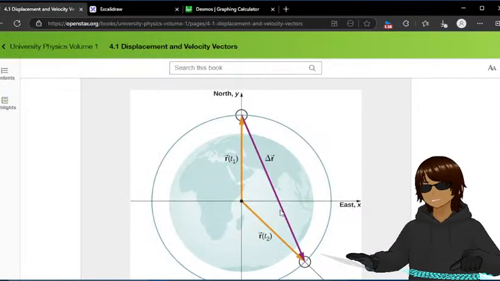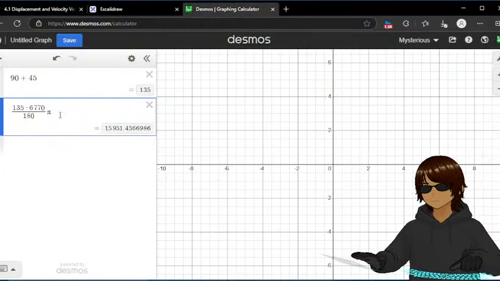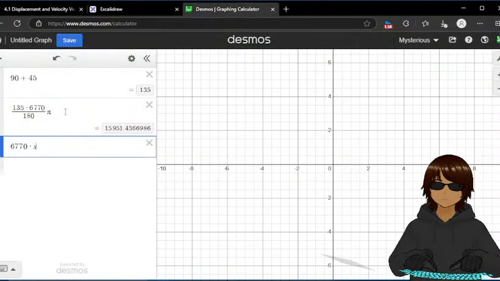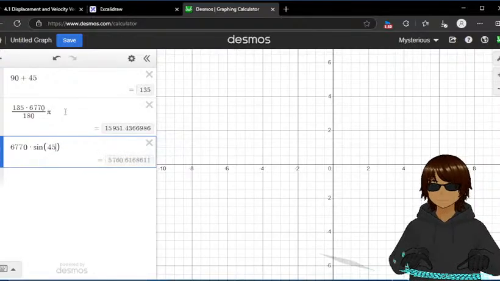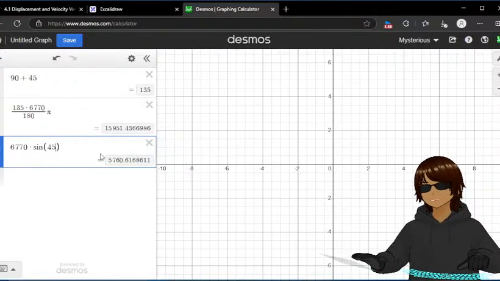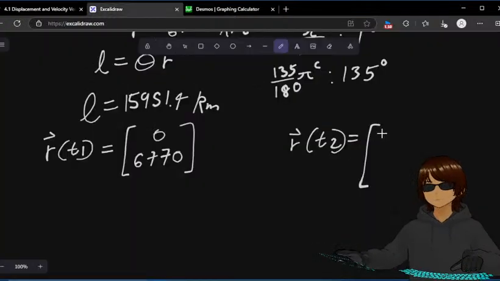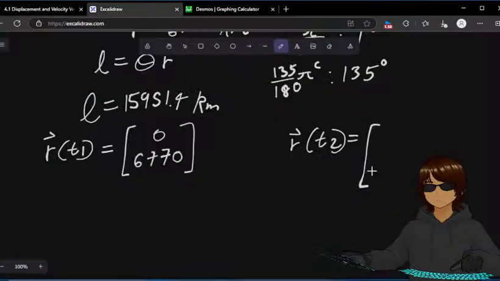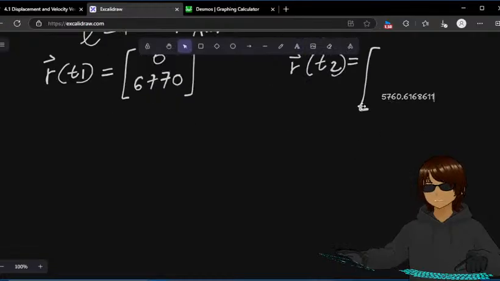You have 6770 times sine 45. I'll just write it here. That gives this one, right? So this is x, this is y. So the y1 is this much.